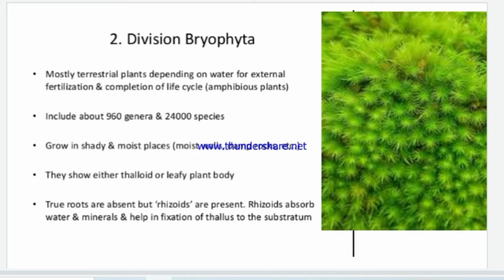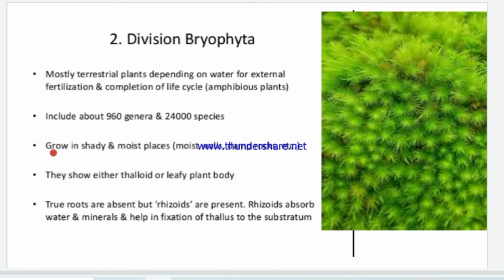In class 9 you have read about the bryophytes, and by now you know they are mostly terrestrial plants depending on water for external fertilization and completion of their life cycle, and that is why they are called the amphibians of the plant kingdom. They include near about 960 genera and 24,000 species.